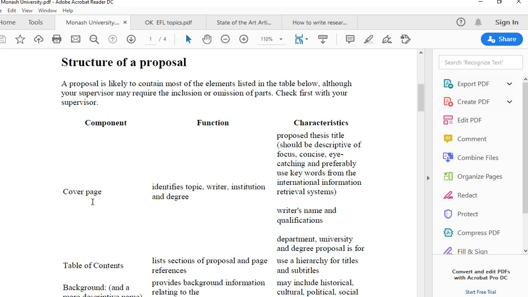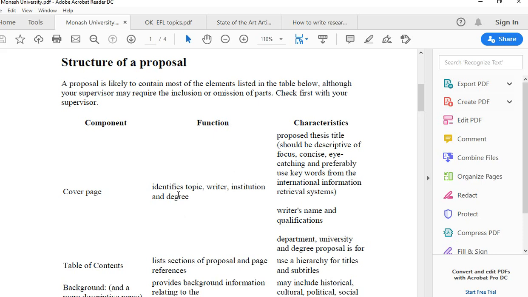The first part is the cover page, or sometimes it is called the front page or front pages of the proposal. In the cover page, you see some sections including the topic, the writers, the institution or university, and the degree, and sometimes the date.